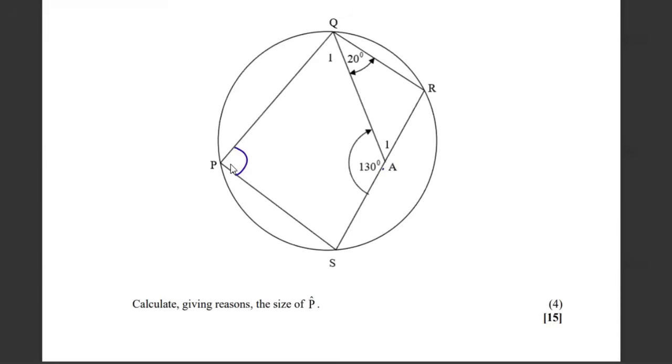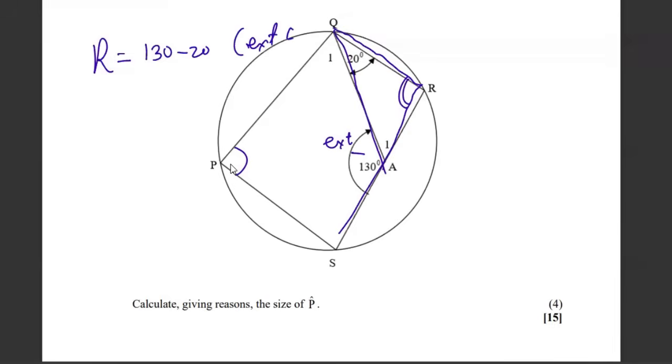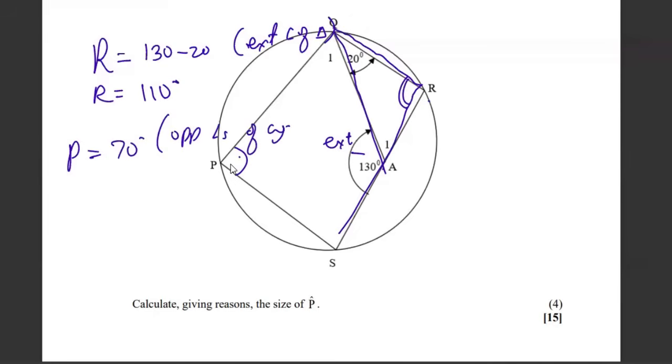So step number one, if I look at this triangle here, I see this 130 as exterior angle of a triangle, which means I can get R. So come down and say that your R is going to be 130 minus a 20. That's exterior angle of a triangle, meaning that R should be a 110. So if R is a 110, then P is going to be a 70. Opposite angles of a cyclic quad. Okay, so that is how those 4 marks would have been obtained.